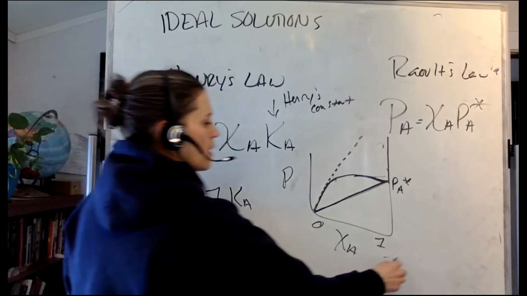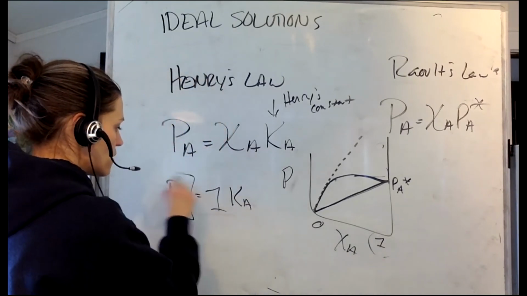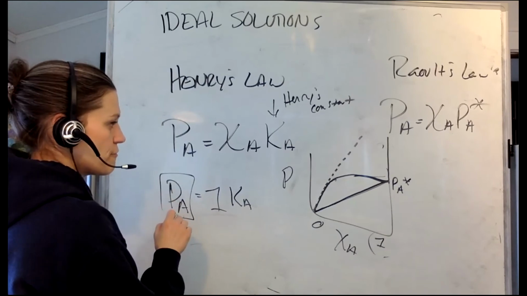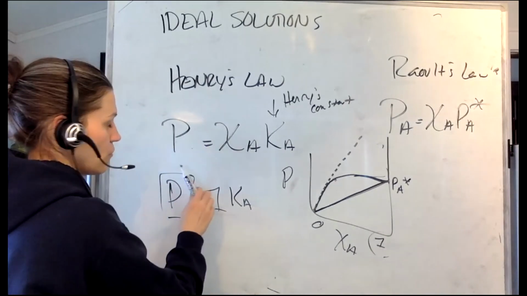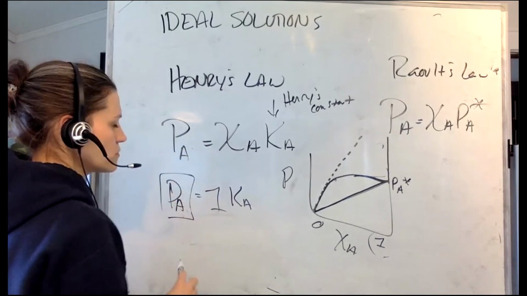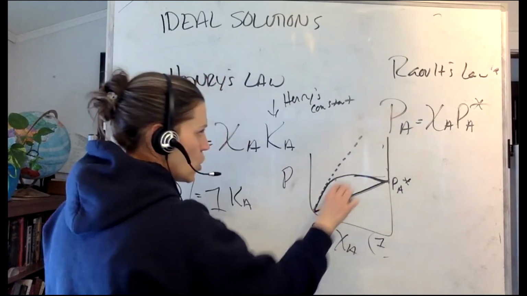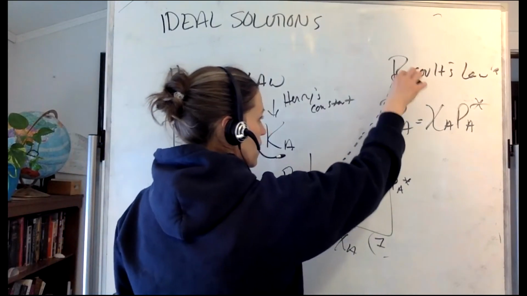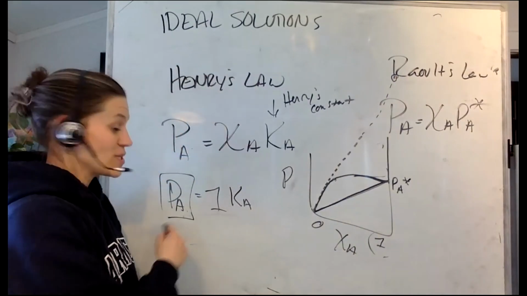If the mole fraction is 1, the vapor pressure on this line right here would be way up here, because it's a linear trend. So this is a limiting law.